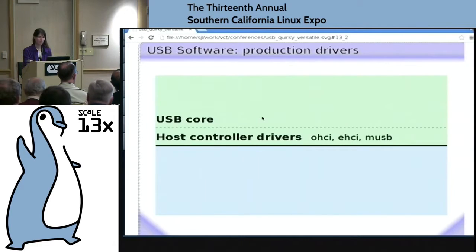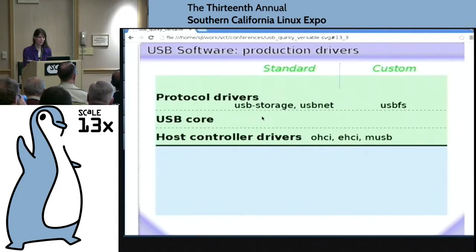I've mostly found problems in the glitchy hardware or higher level drivers. So above the USB core is what people probably usually think of as USB drivers. And these are the ones that tell the USB host controller how to talk to different kinds of targets.